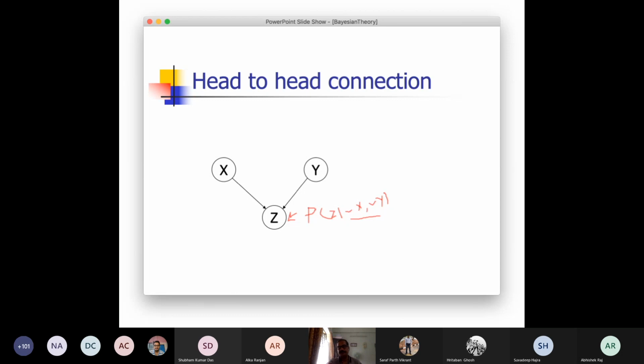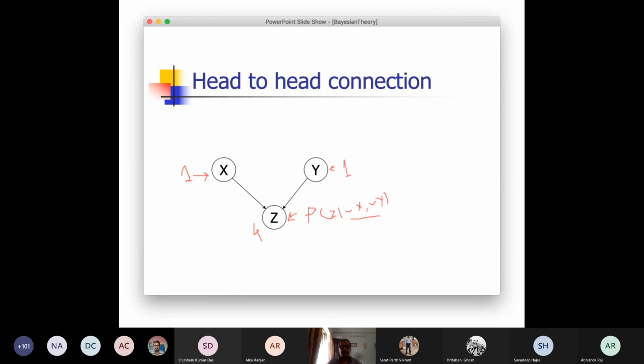All of them are binary. So for Z, it will be 4. How many? So 4. It's 4, right? And how many parameters here? So 6. Total 6. In this case, for this node you require just one, and for this node you require just one because these are all marginal probabilities.